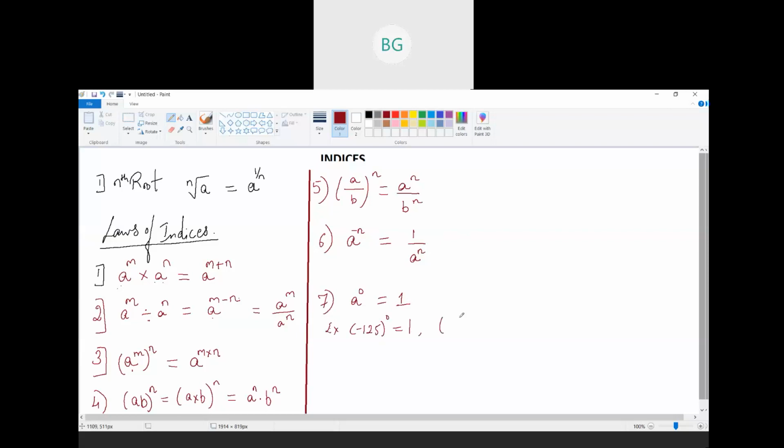If I have 1 upon 25468 something raised to 0, then also the answer is 1. Irrespective of the base, if the power is 0, the answer will always be 1. Getting it?